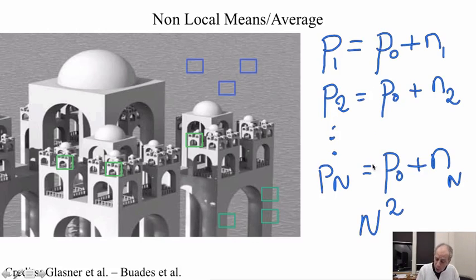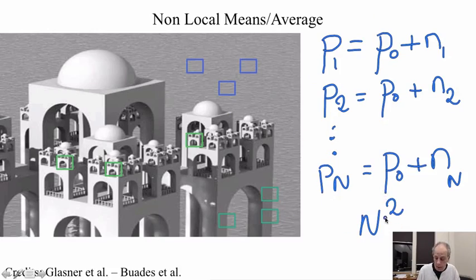Of course, it's very important that we always average exactly the same pixel. The noise is the only thing that changes. So this is one of the motivations of non-local means: maybe I can find repeated structures that are identical or at least very similar. The noise is different all around, and I can reduce that noise by averaging.